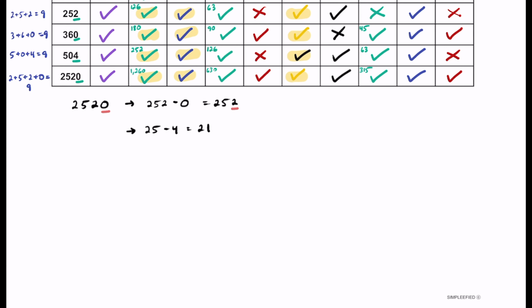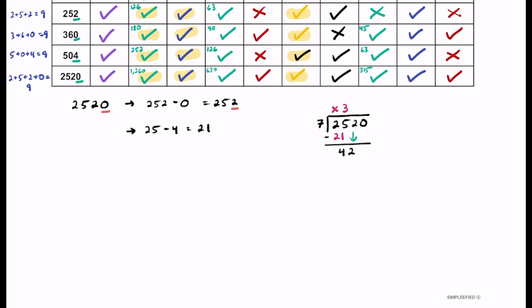And if you just want to see if this actually does work, where you do this process of doubling the last digit and subtracting from it over and over again, I can show you here. 7's not going to go into this 2, but 7's going to go into 25 3 times, so 3 times 7 is 21. If you subtract this, 25 minus 21 is going to be 4, and you go ahead and bring down this 2, and that's going to be 42.